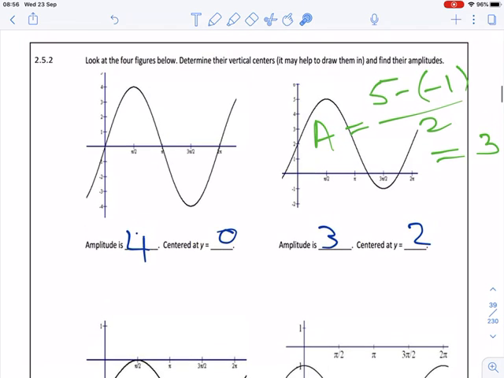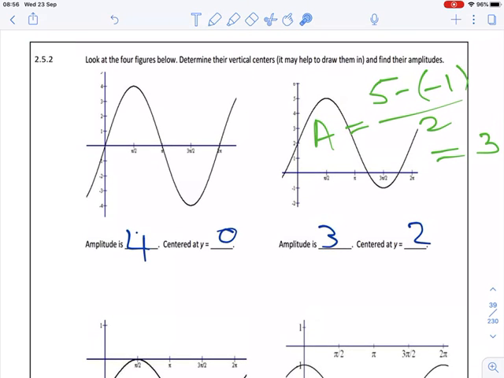Okay, so if we look now at examples here, 252 for instance, if I look now here at my maximum and my minimum, which is then 4 and -4. So if I take 4 minus -4 over 2, I'll get 8 over 2, which is 4.